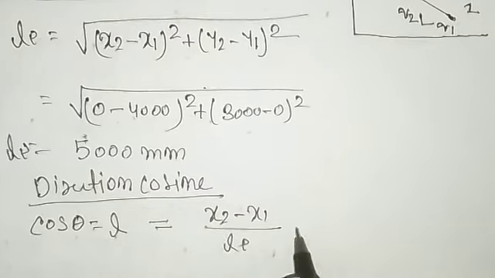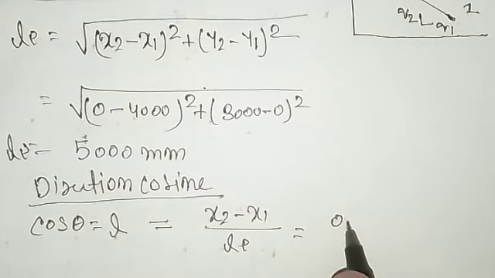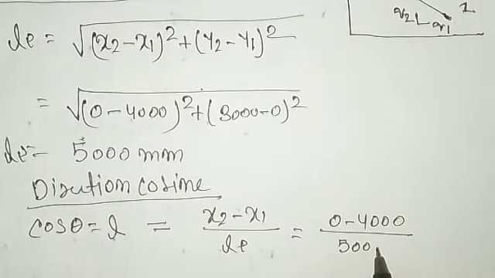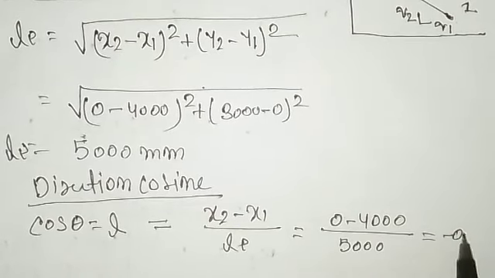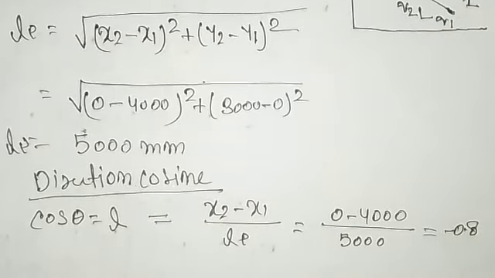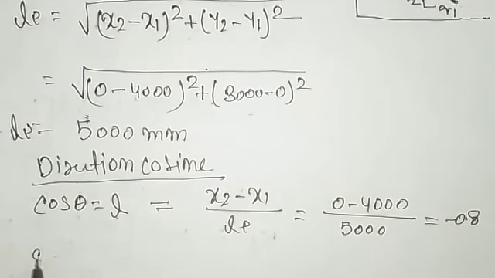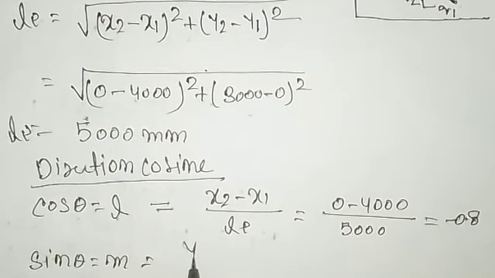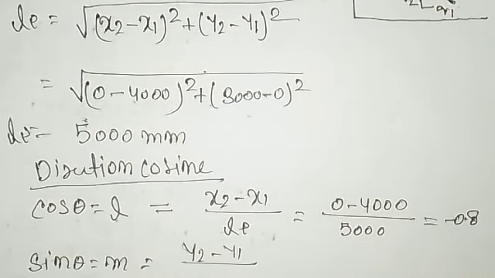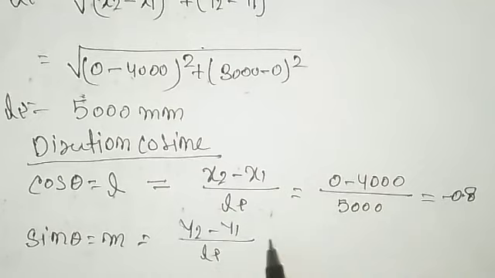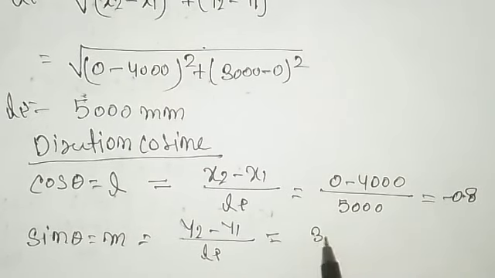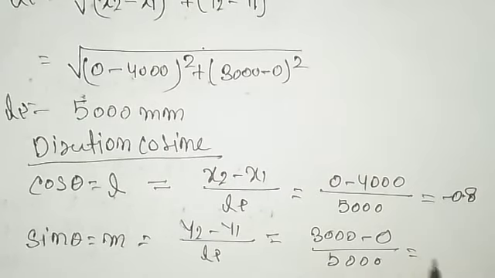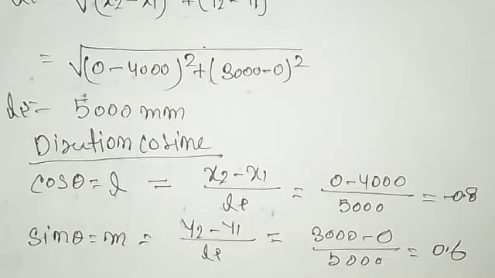So x2 minus x1 is 0 minus 4000, by 5000, which is minus 0.8. Then the other direction cosine, sine theta, is equal to m, which is (y2 minus y1) by LE. Y2 is 3000 minus 0, by 5000, so it is 0.6.